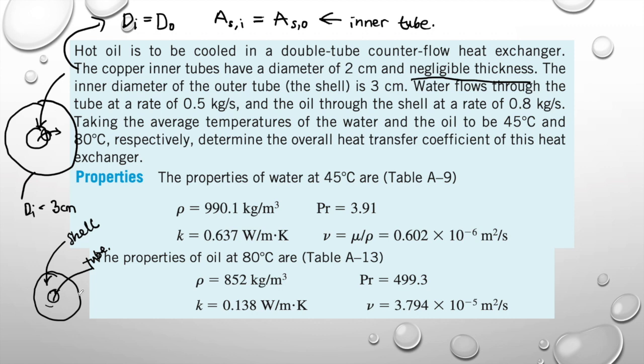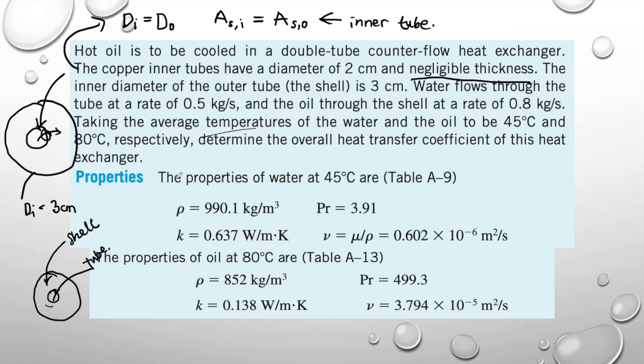Taking the average temperatures of water and the oil to be 45 degrees Celsius and 80 degrees Celsius, respectively, determine the overall heat transfer coefficient of this heat exchanger. At this point, the average temperature represents the film temperature for the water and oil, so we can directly use the temperatures of water and oil at 45 and 80 degrees Celsius.